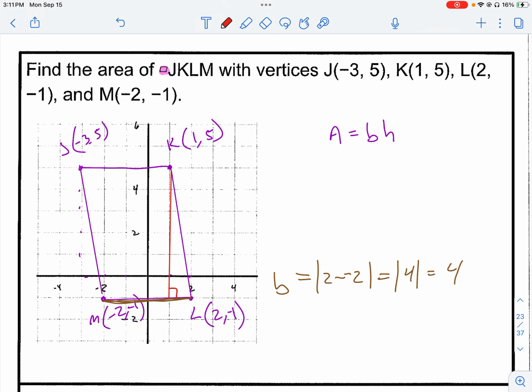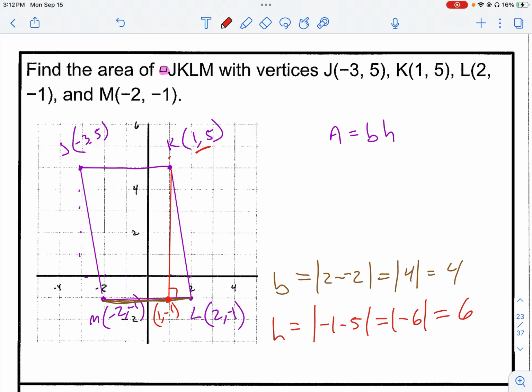Let's find our height. So we're going to go up here to 5 at K, and right down here we're at 1, -1, because we hit at this point here. So our height is going to be the absolute value of -1 minus 5, which equals the absolute value of -6, which is 6.